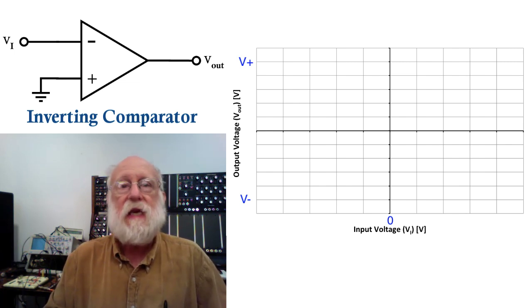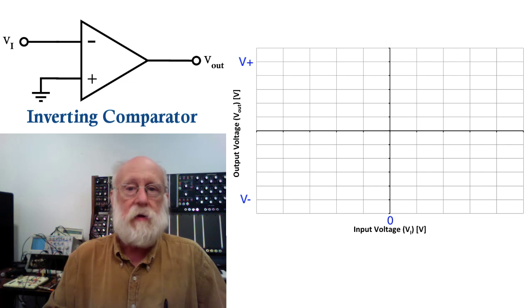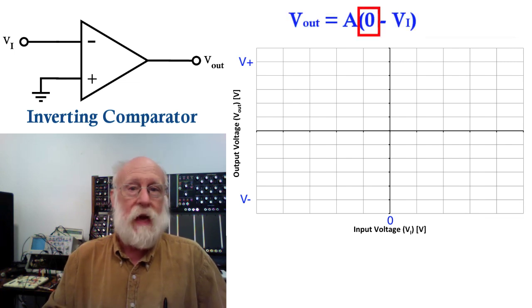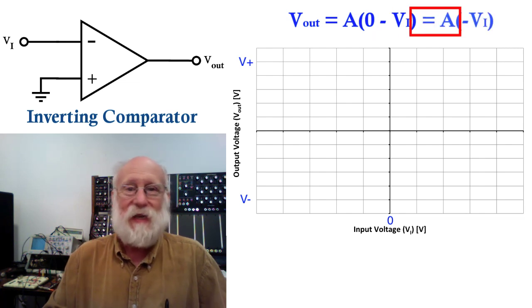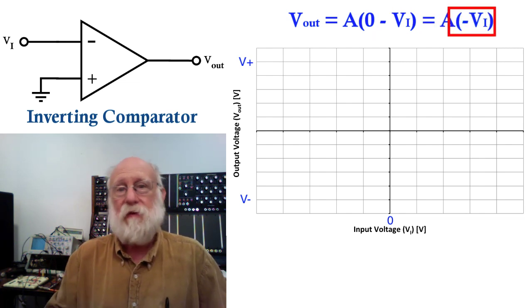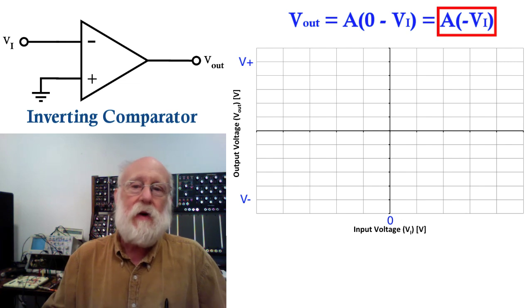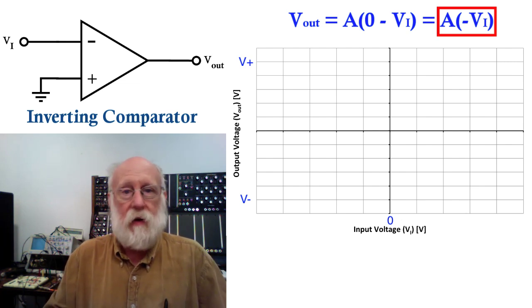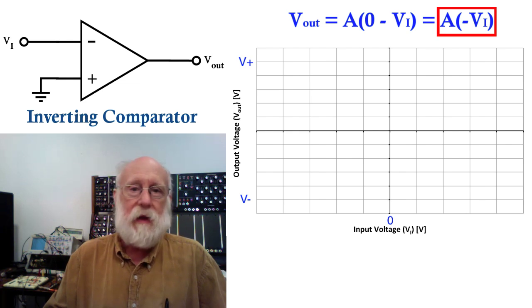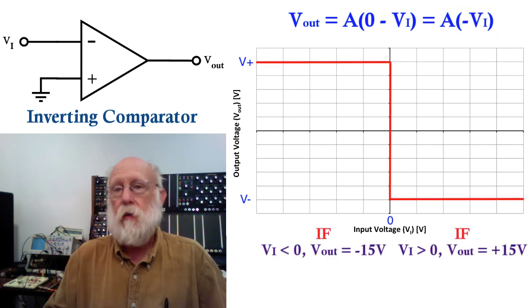It looks at the difference between the two, and you just flipped the sense of where the minus sign is, so now it takes ground and subtracts the input voltage VI, so the differential input is negative VI, then it just amplifies the heck out of it, and so now you get an inverting comparator, and the I/O characteristic curve looks like this. It's just flipped over relative to the non-inverting comparator.